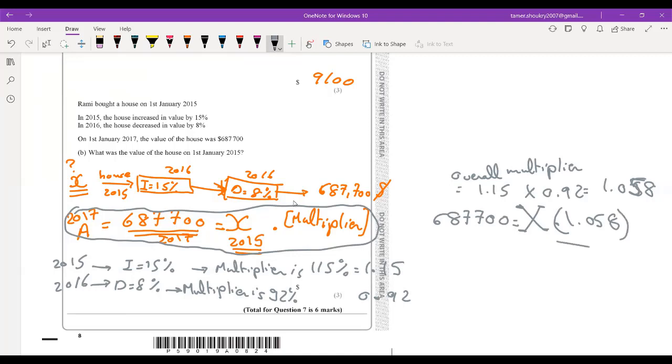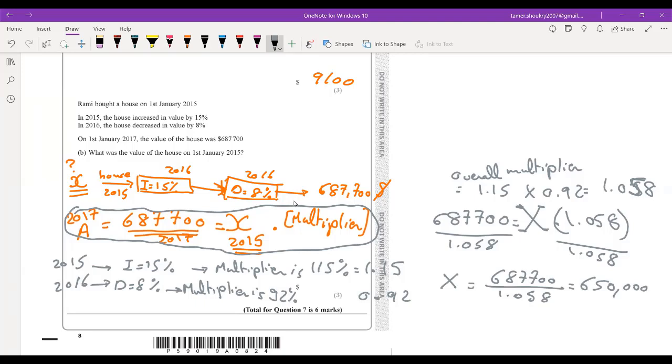So if we divide both sides by 1.058, this is an equation in X. We get that X is equal to 687,700 over 1.058, which is 650,000.